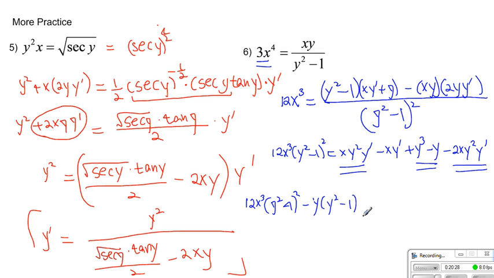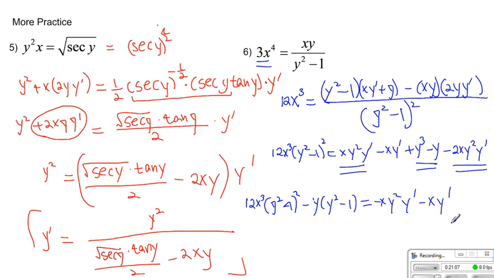Now, on the right side, since these two will cancel out, what we'll end up having here is negative 2x y squared, which will be combined with this term, so we're going to have negative xy squared y prime, and then we will have negative xy prime.